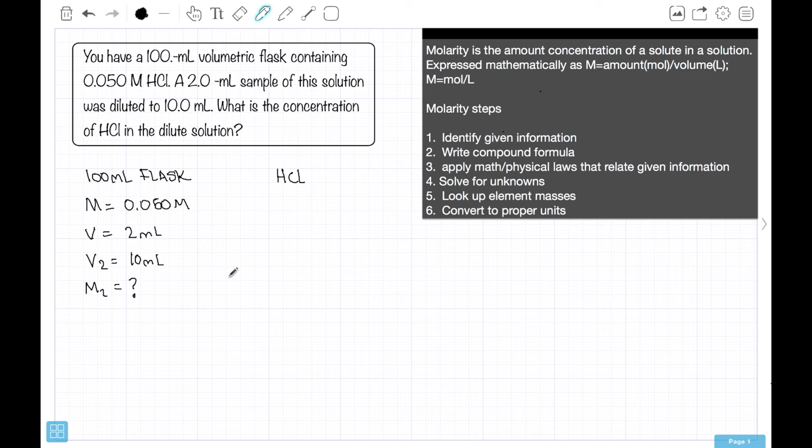So now it says apply the math or physical laws that relate to given information. You're given a molarity and a volume, and then you're trying to find a new molarity and you're given a new volume. So I will group these two and these two, and I'll call this initial, and I will call these your final.